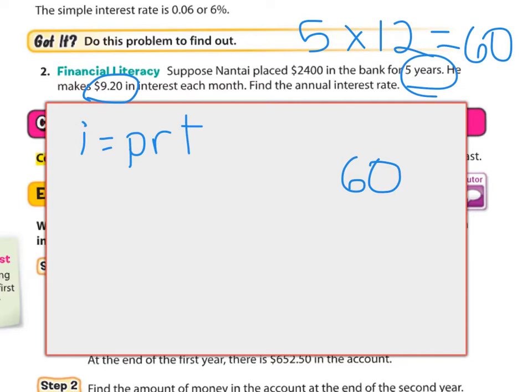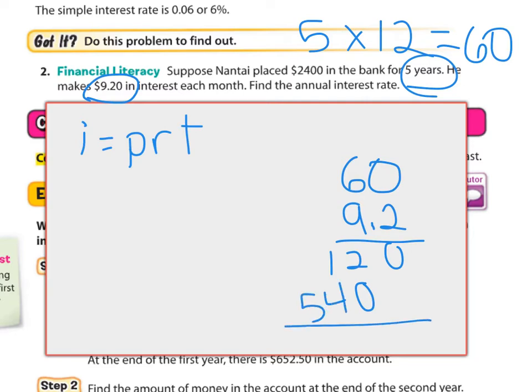So we have to multiply 60 by 9.20. 2 times 0 is 0, 2 times 6 is 12, 9 times 0 is 0, 9 times 6 is 54. We add it up, and we get 5,520, no, the decimal has to jump over once, so 552.